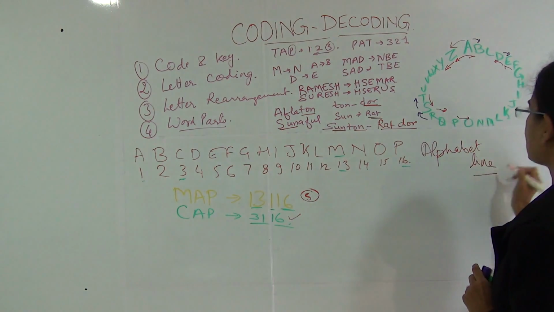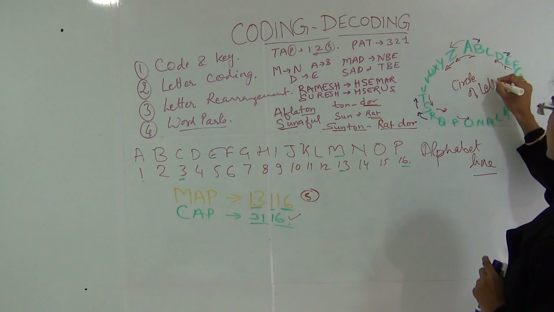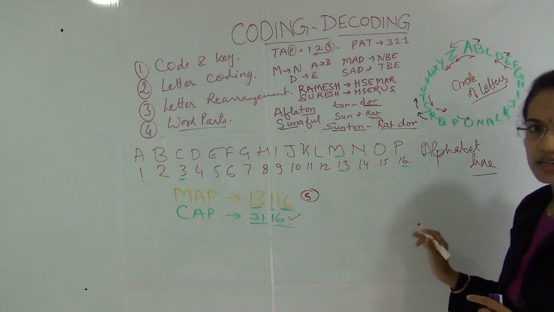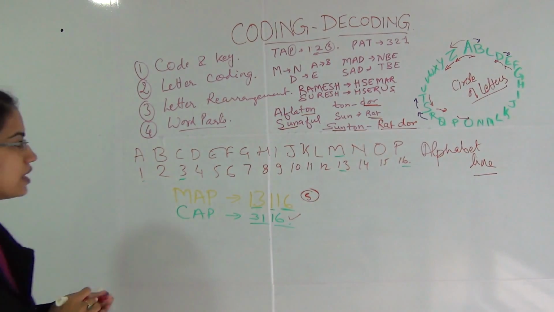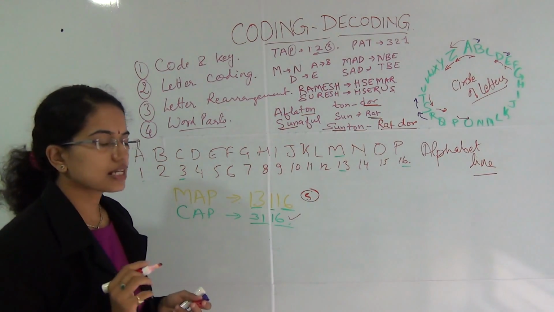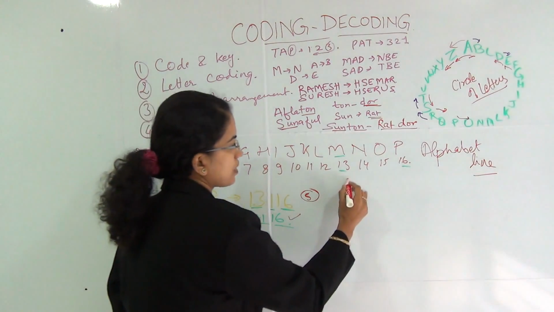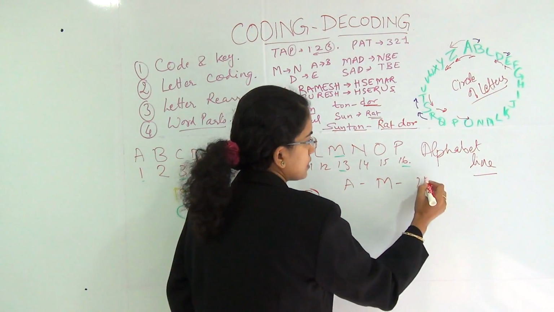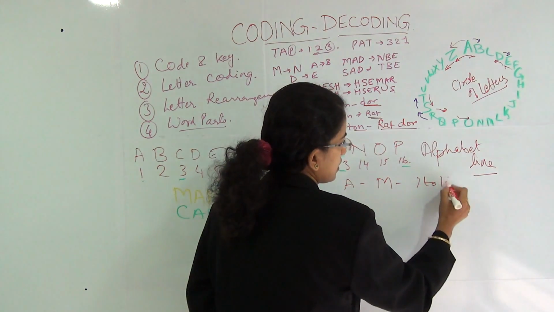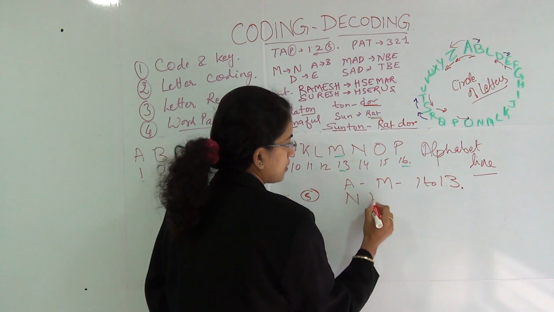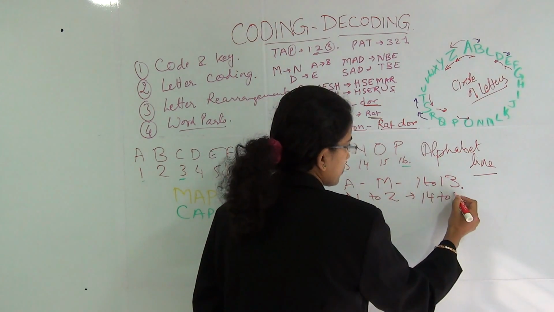In the previous question we worked with a circle of letters. So it's very important to understand what we exactly need to find out. And as we have discussed in the previous class on alphabet series, you need to remember two basic things. From A to M, it's 1 to 13, and from N to Z, it is numbered 14 to 26.